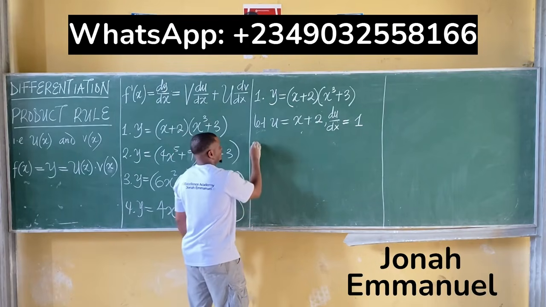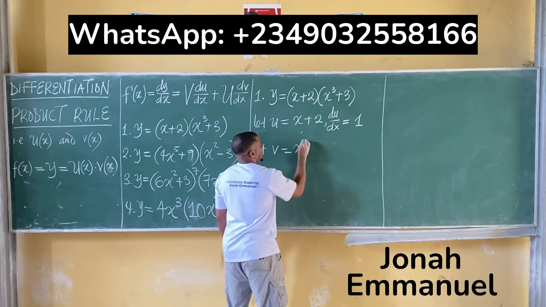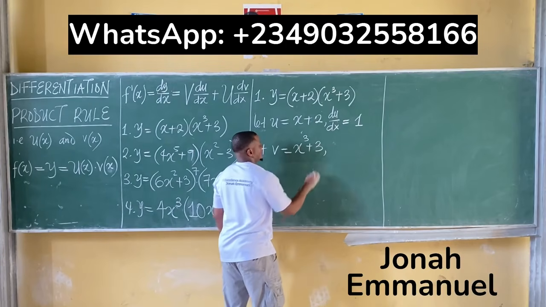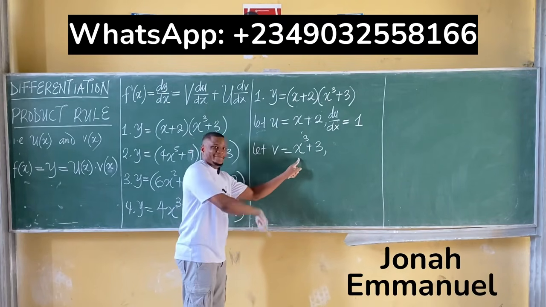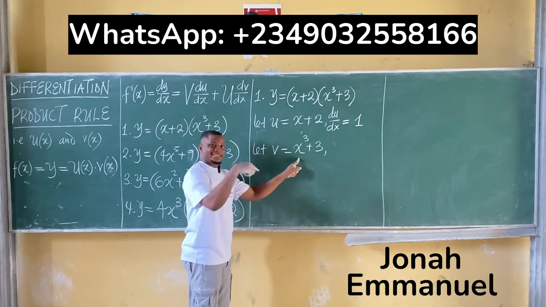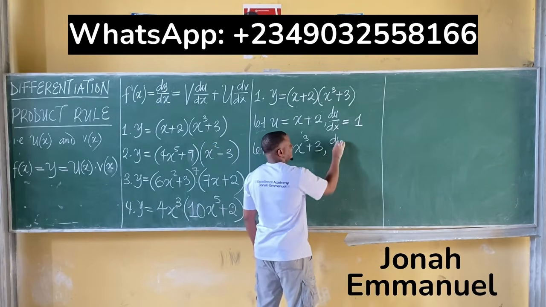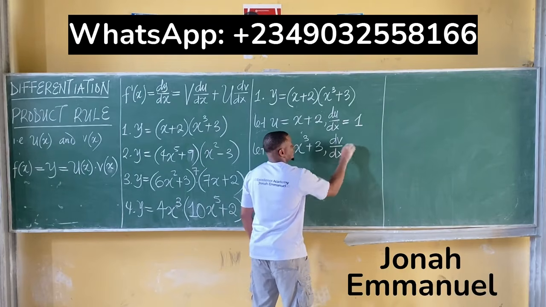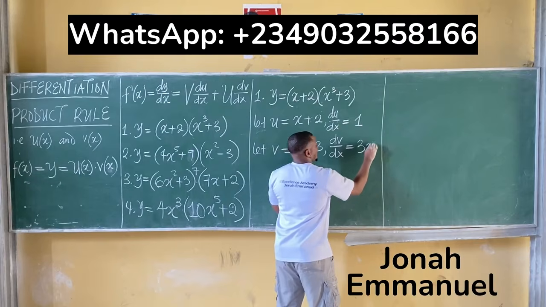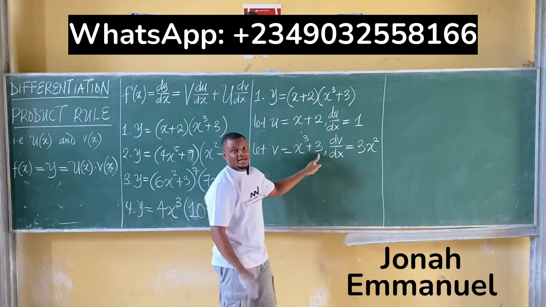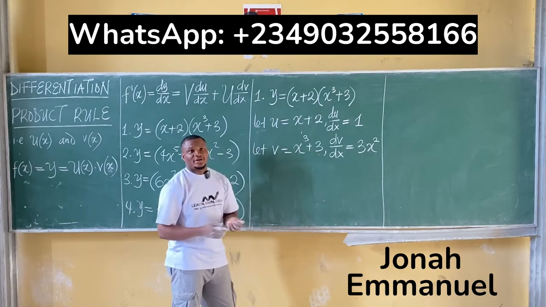Next up, I also say let v be equal to the second term, which is x cubed plus 3. Differentiate v with respect to x, that is dv dx. So I'll have that dv over dx is equal to 3x squared. Constant becomes 0, and it's gone. But once you do this, you're done already.